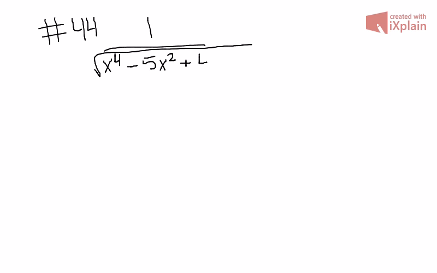Alright, so let's go ahead and move on to number 44. We're supposed to find the domain of the function. When you're approaching these, you're basically saying, well, the domain is everything that x can equal, and I know that I can't have any negatives inside of a square root.